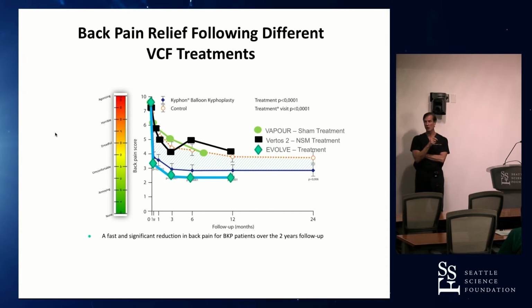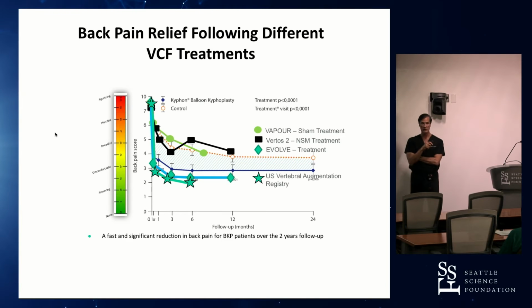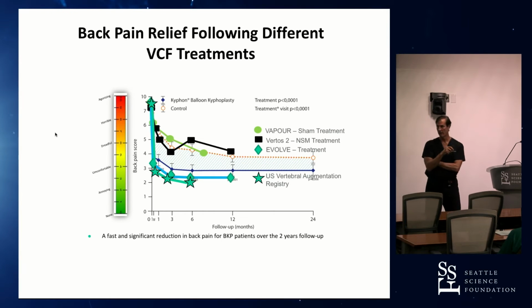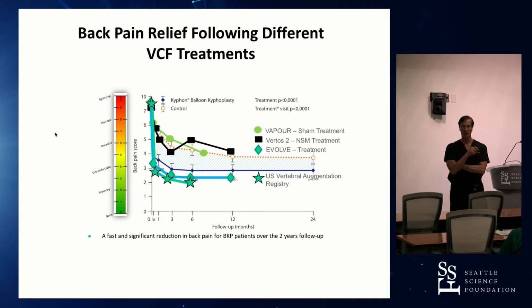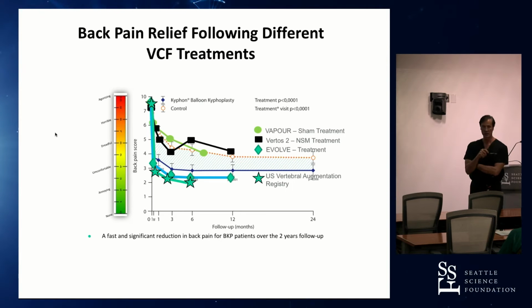I mentioned the Evolve trial. We got a 6.3-point reduction in pain, very profound, largest kyphoplasty trial ever done. This is how you guys do every day, even better than the Evolve trial. That, my friends, is impressive. This is real-world data. So not only does it work well, it works exceedingly well.